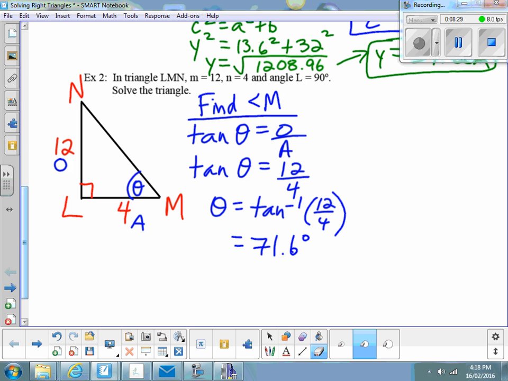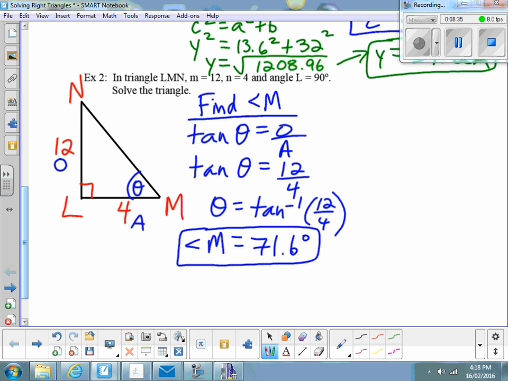And actually I can put angle M here because that's really what I'm finding. Once I know angle M, then I can find angle N, because angle N is going to be 180 minus 90 minus 71.6. So angle N is equal to 18.4 degrees.